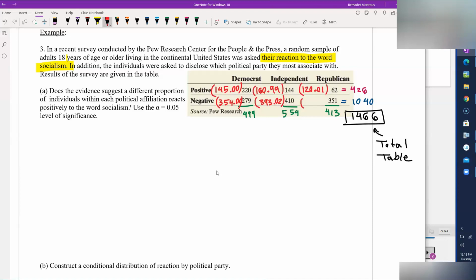Finally, this one was 292.99. Okay, so these were by hand.